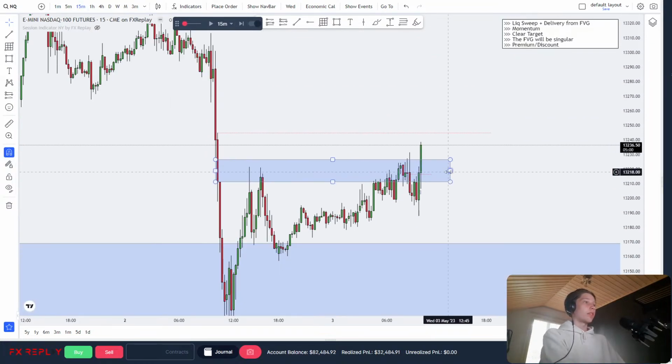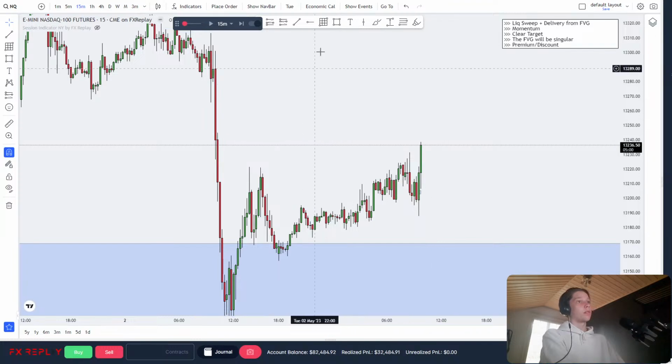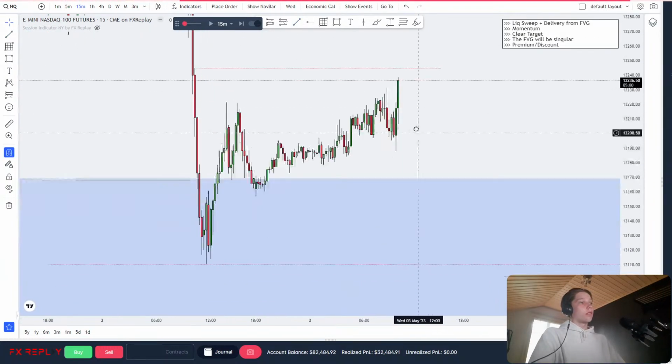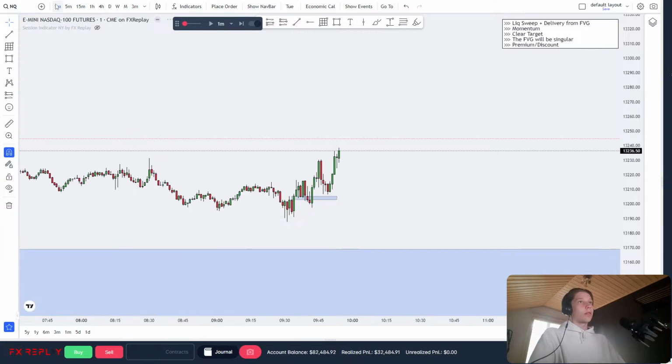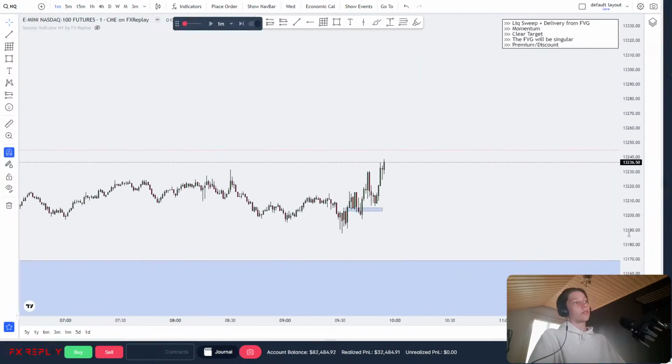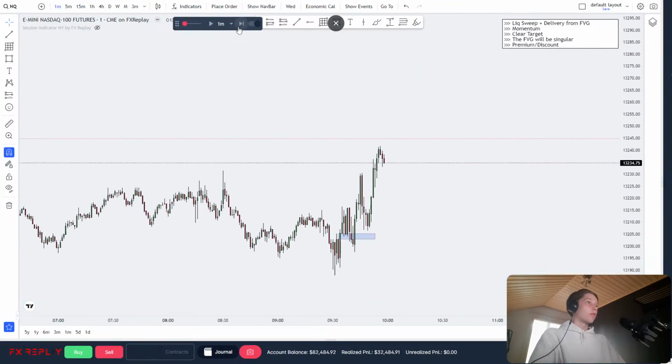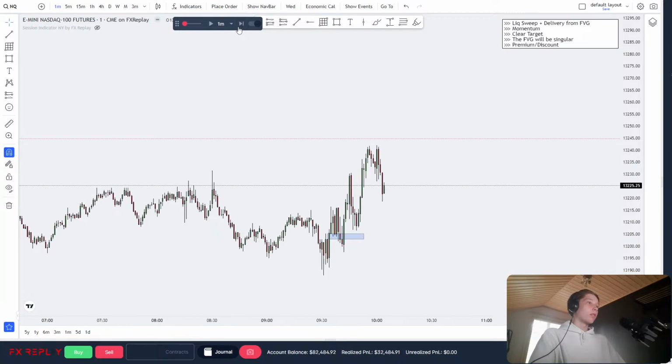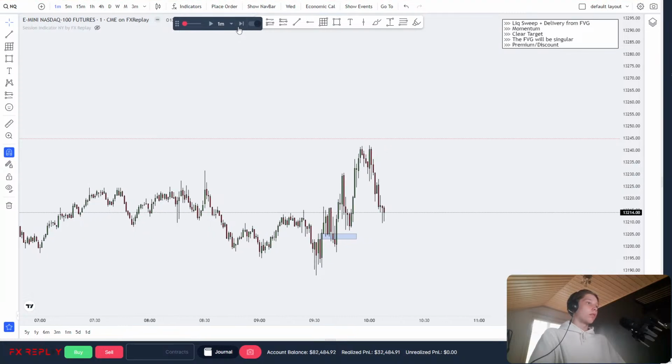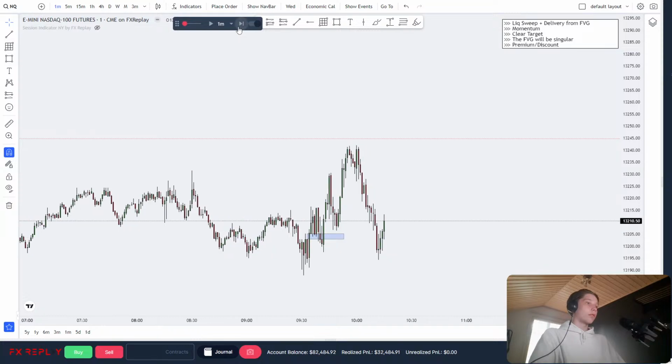So we're stepping deeper into this area, but I don't know. I'm kind of hesitant. We could take buys, we could take shorts, but I want to see something specific.